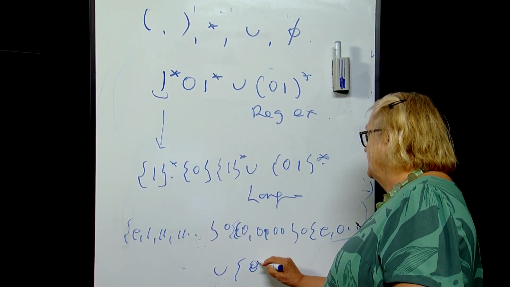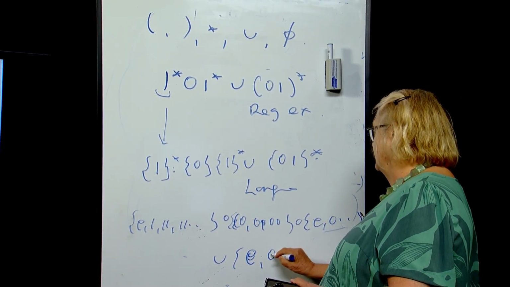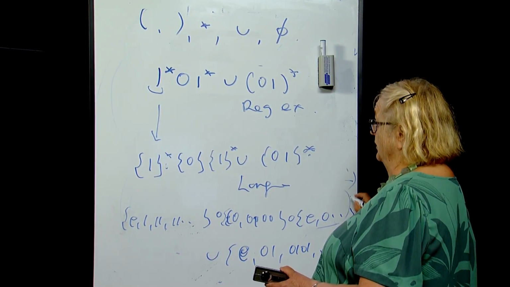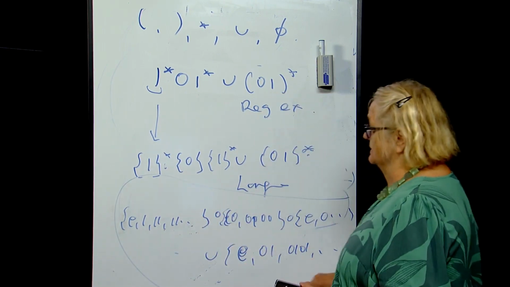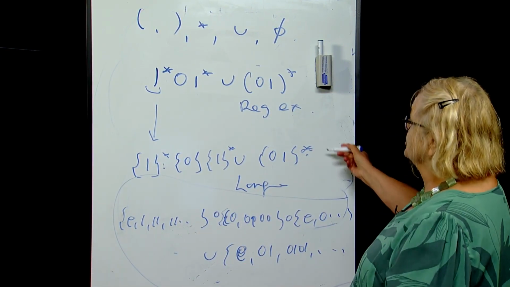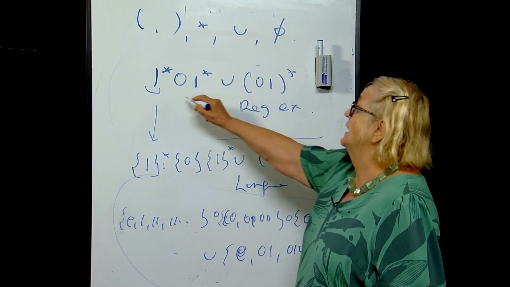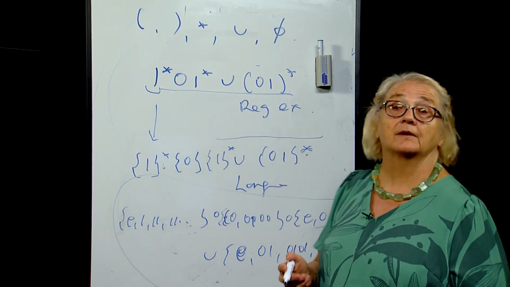You have epsilon, and now you have 0, 1, and then you have 0, 1, 0, 1, etc. So you see, this is an infinite language. This is an infinite language written as a language, and here is your regular expression.